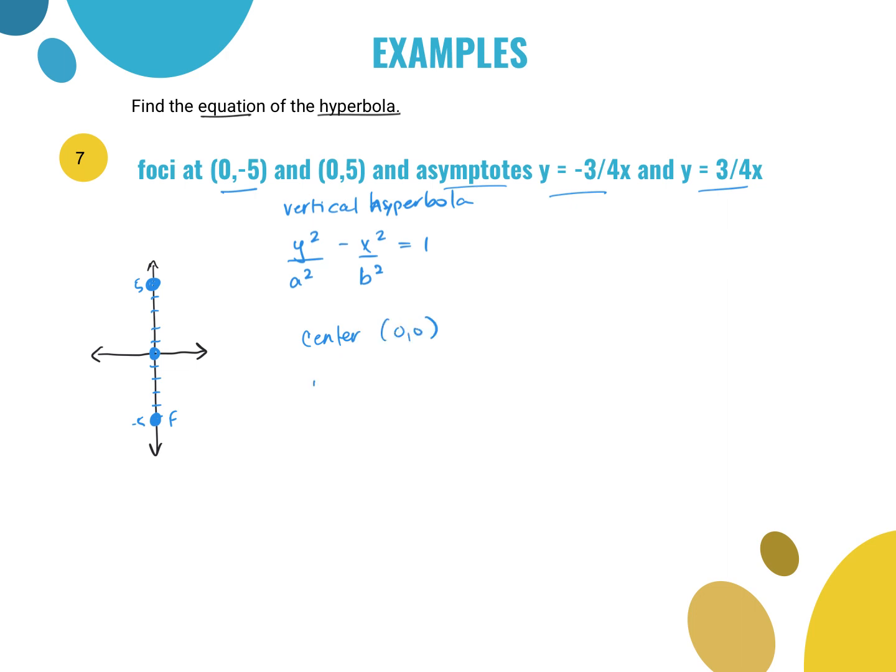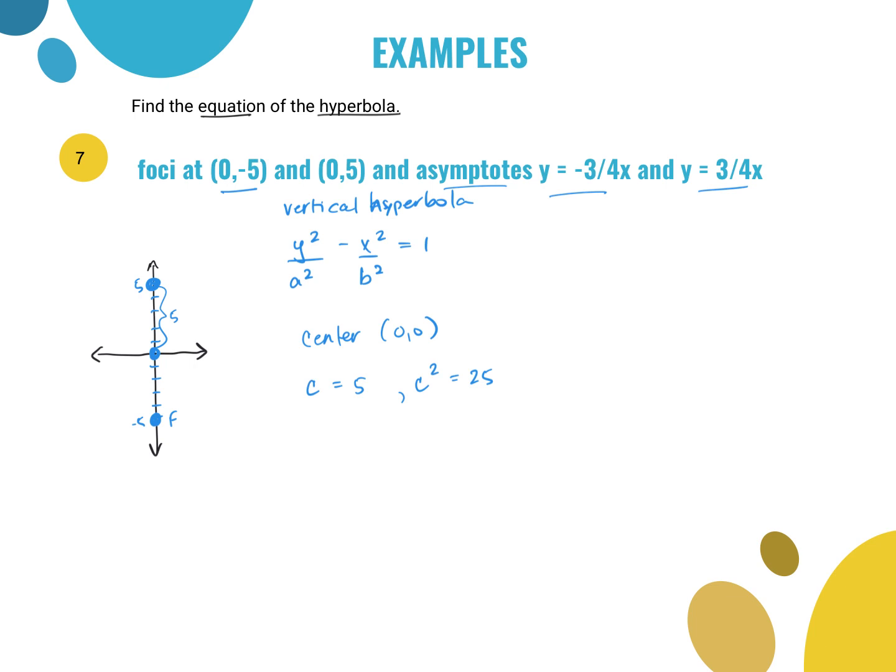And I know that my C value, the distance here, is 5 units. So C is going to be 5, which means C squared is going to equal 25. So I have my center, I have my C, let's see what else I've got.